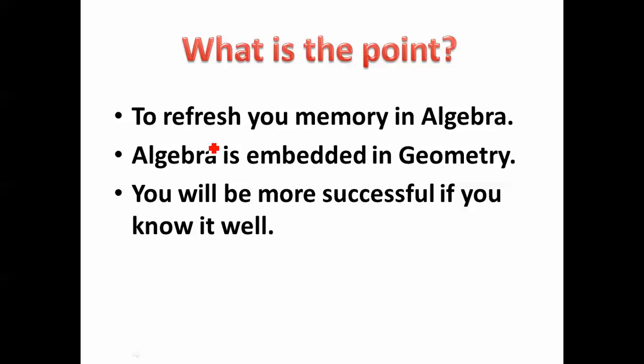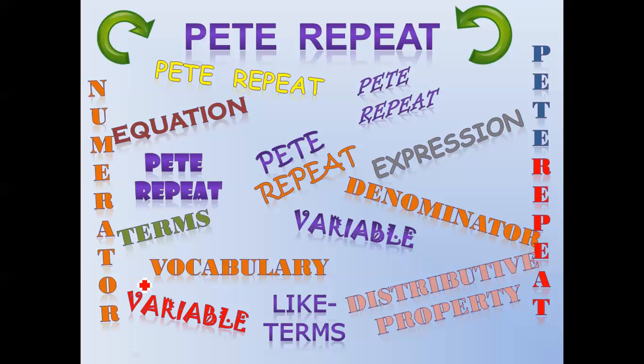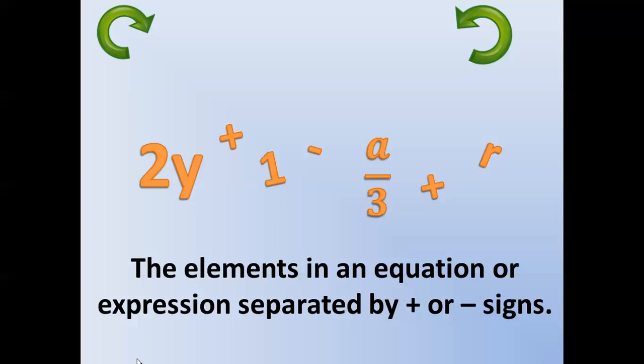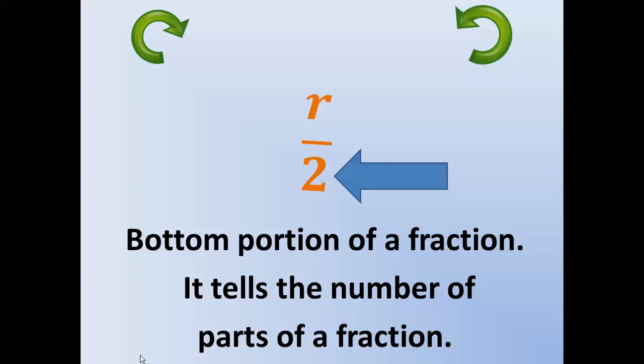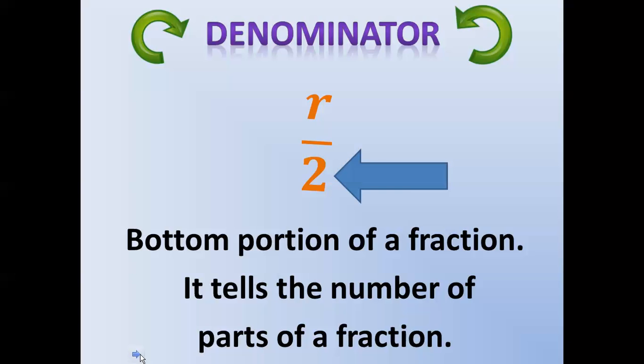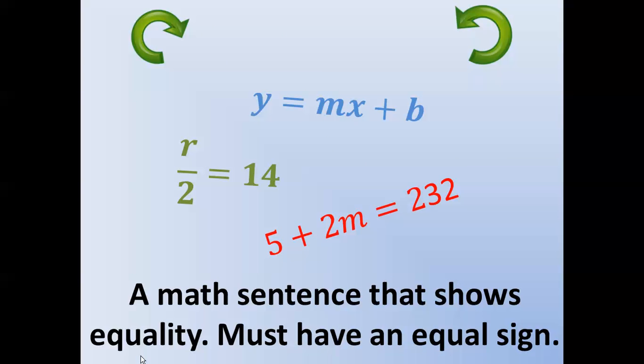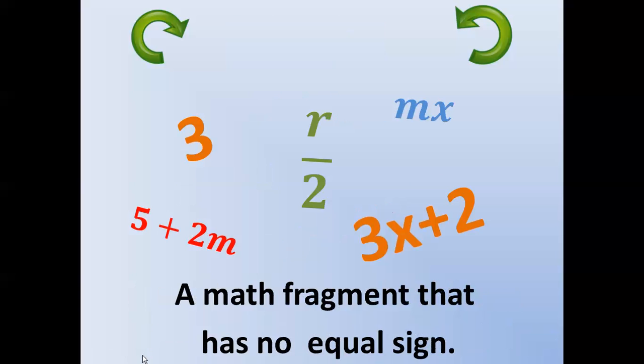Alright, what is the point? Again, no pencil, so you don't need to write this down. Here's our repeat and repeat. What is this one? Good. And this one? What about this one? Equation.